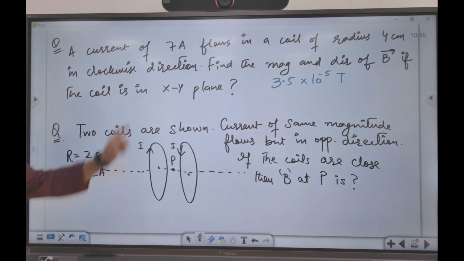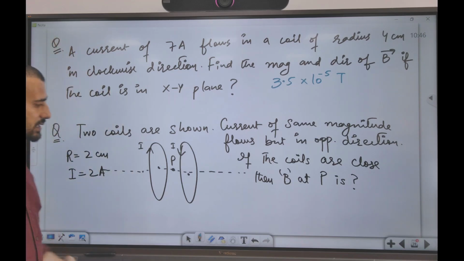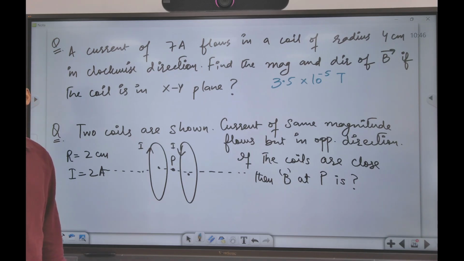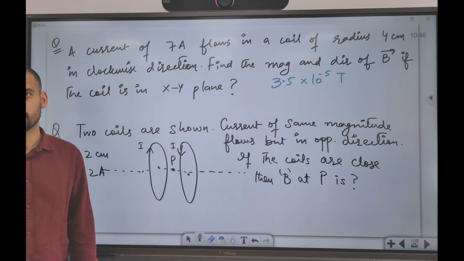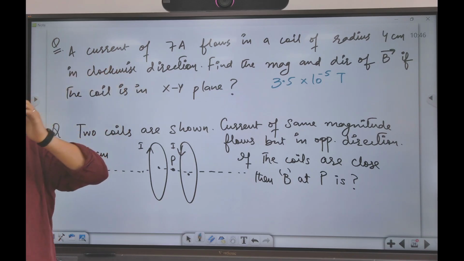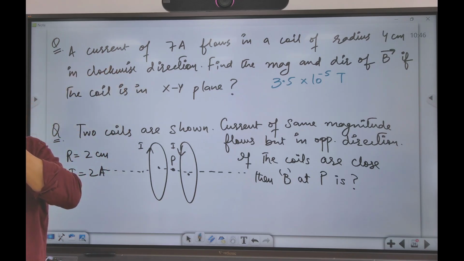What about the direction? It is in the XY plane. XY plane is if this is the X axis, this is the Y axis. What will be the direction of the magnetic field? It will be inwards, but along which direction? If it is in XY plane, the coil is here.